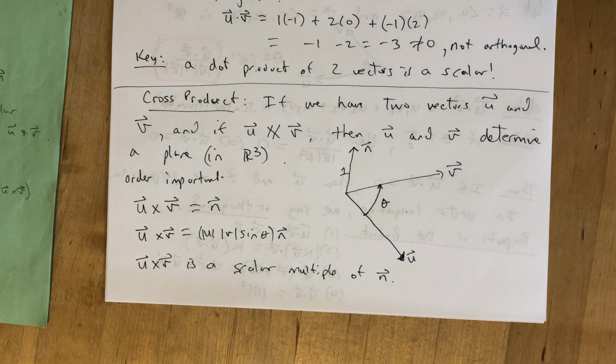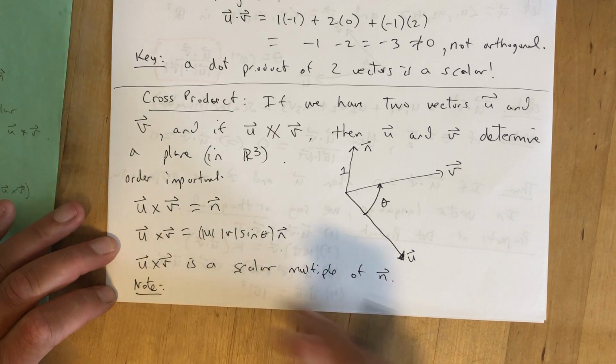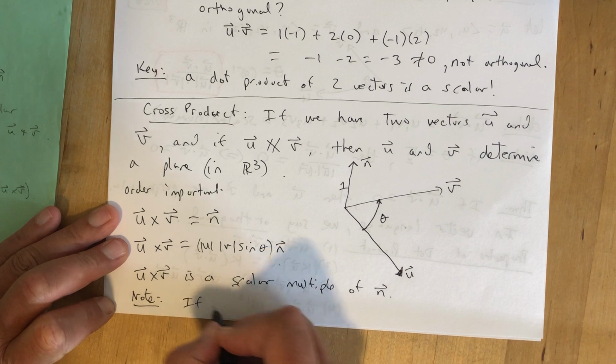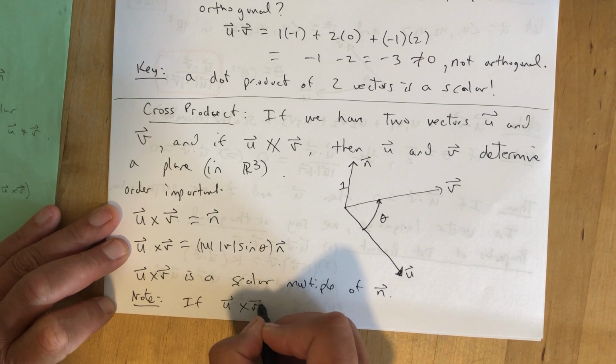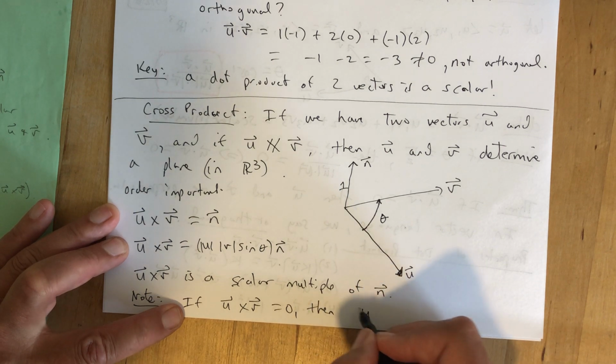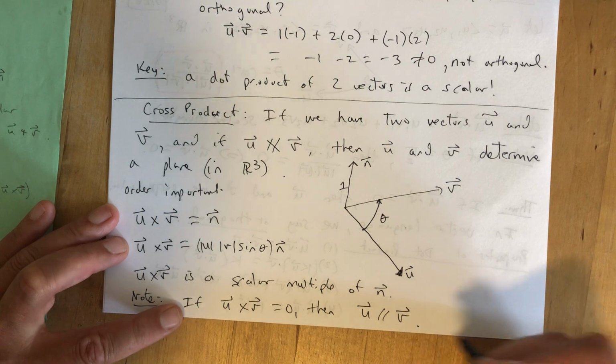Depending on how big u cross v is. Right? And here's a note. If u cross v equals 0, then u is parallel to v.